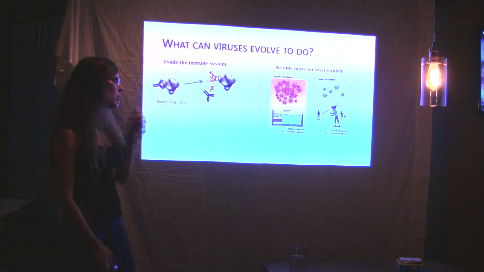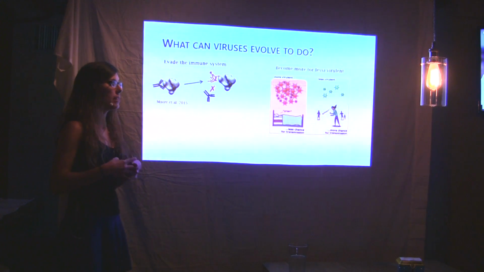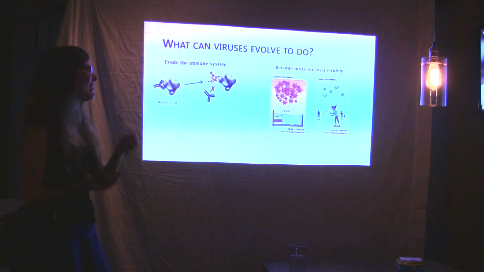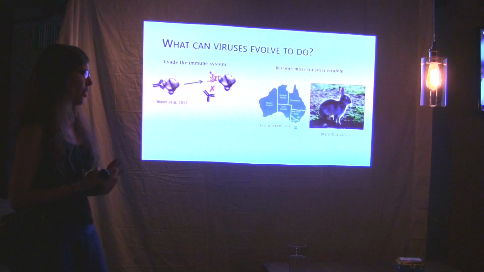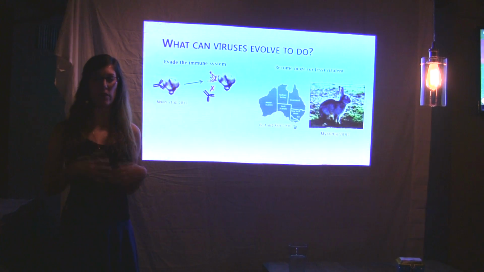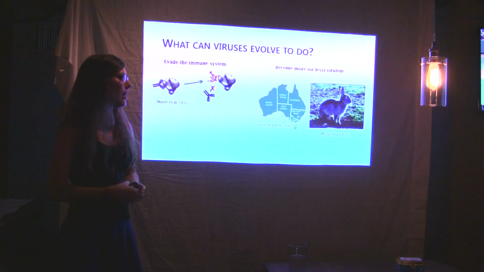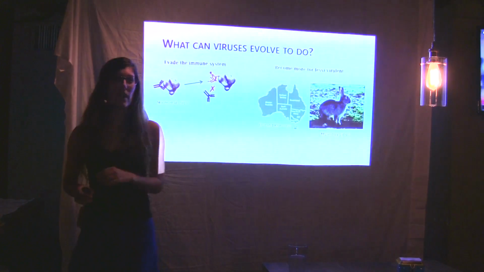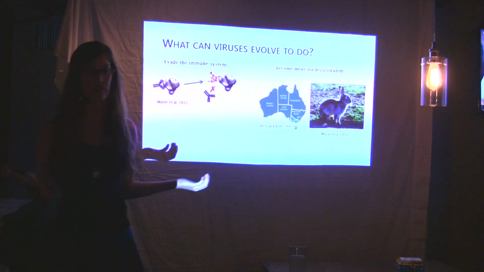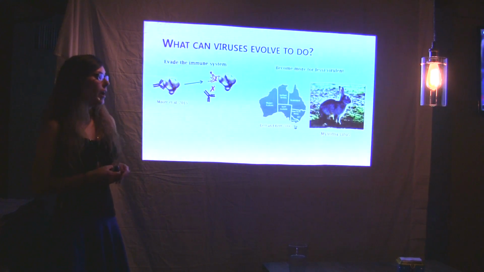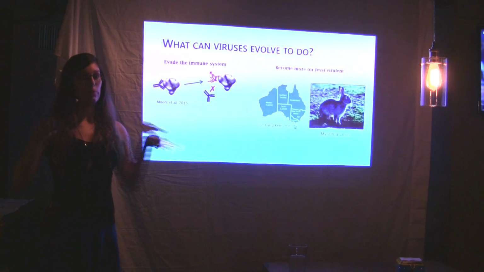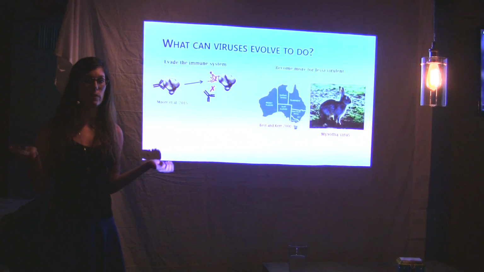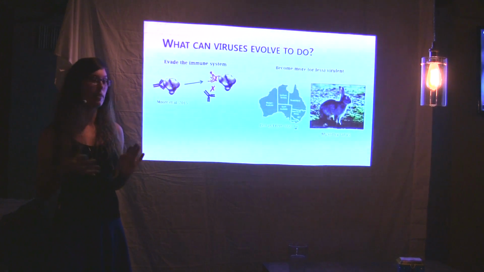An example of evolution that's happened within our time frame is that in the 1950s, Australia was overrun with a rabbit population, and so they decided to infect the rabbits with the myxoma virus, which was lethal to rabbits. They infected a bunch of rabbits and let them loose, and when they came back, they found that the virus had evolved to be less virulent.